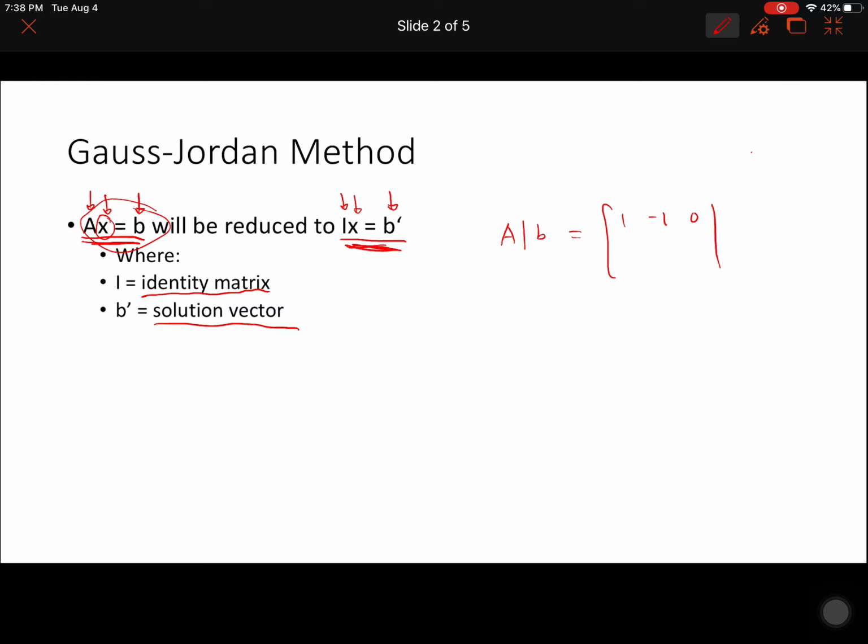Coefficient matrix A, sample lang. Then, for example, naa tay value sa B.